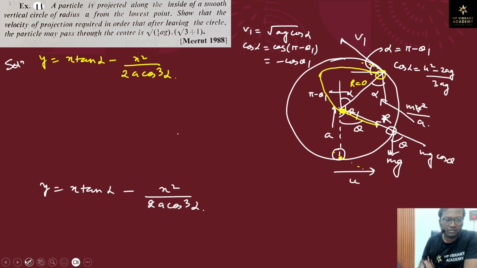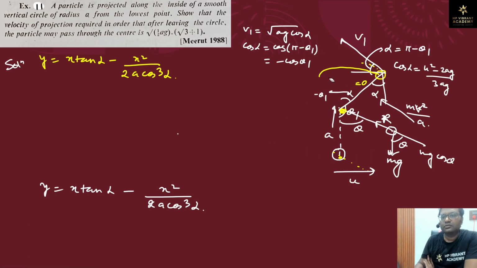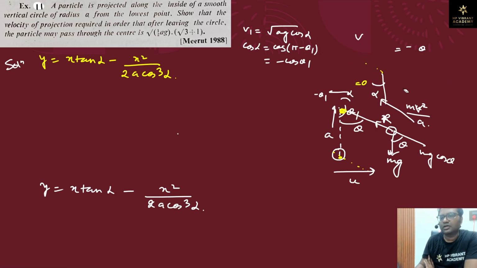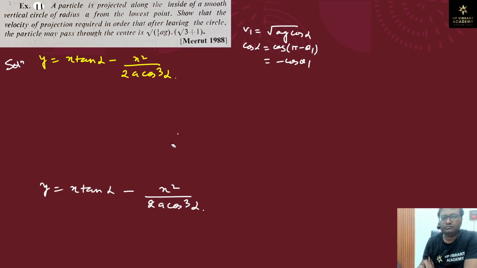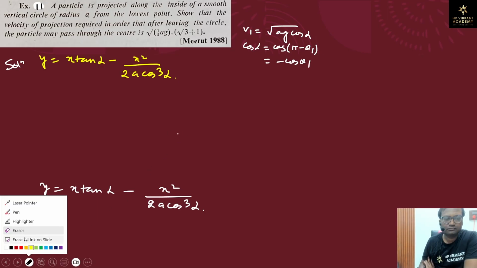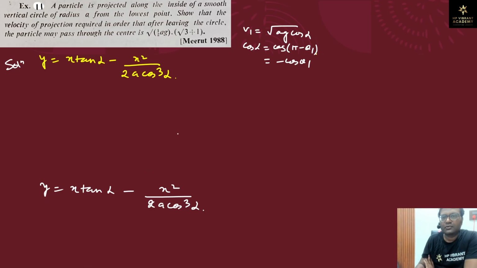Okay, so I will draw this diagram again. What was cos theta 1?